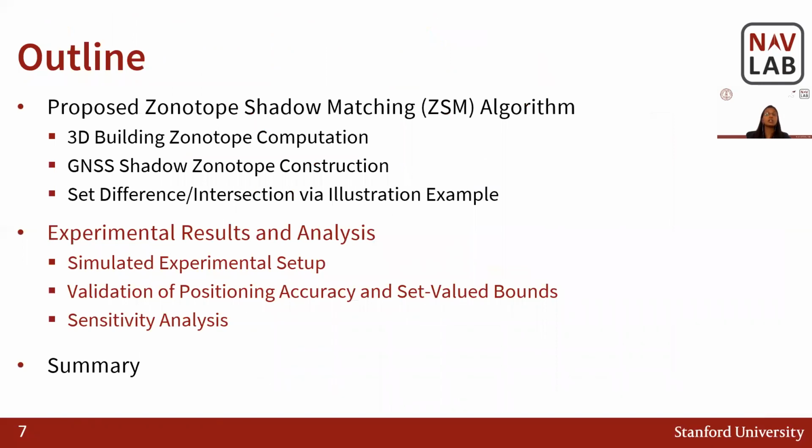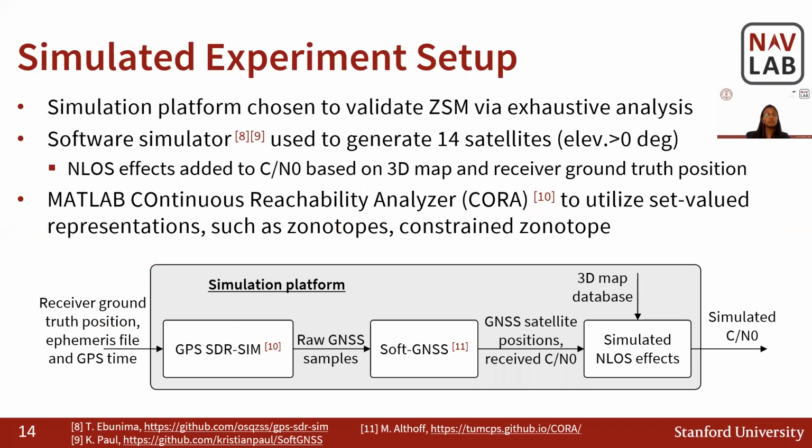Now I'll talk about our simulated experimental results that validate the performance of the proposed zonotope shadow matching algorithm. Particularly, we choose a simulated platform so that we can perform exhaustive analysis of our ZSM performance. For our GNSS setup, which is shown in this block diagram, we utilize off-the-shelf GPS-SDR-SIM and SoftGNSS to generate measurements for 14 visible satellites.